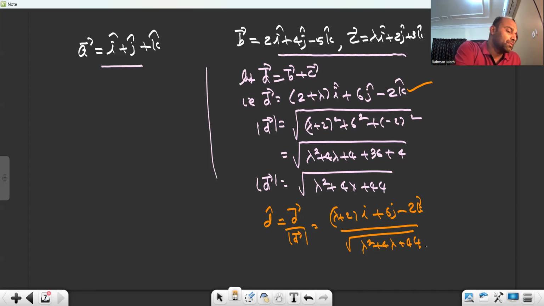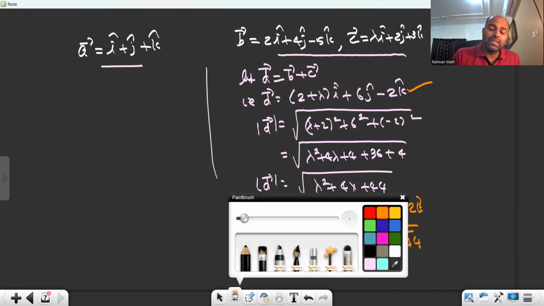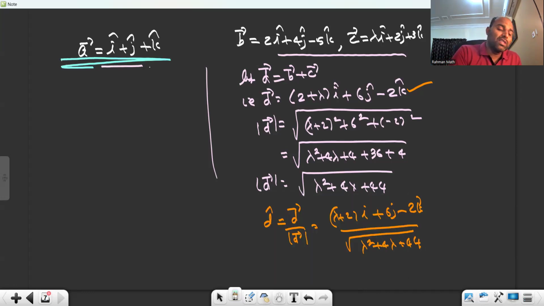Whenever you're writing, you should read what you're writing. What they're saying: the scalar product of this vector with a unit vector along the sum. This is the unit vector. Along the sum means we already added.